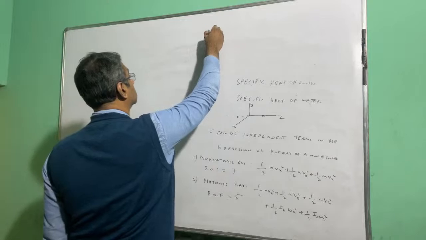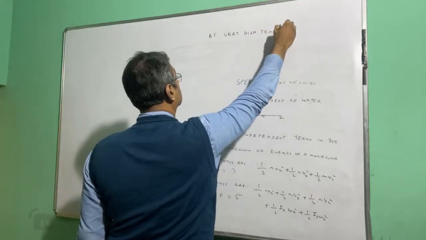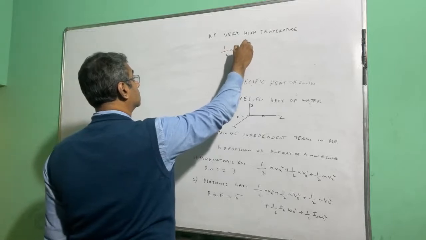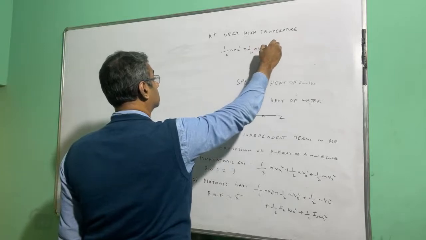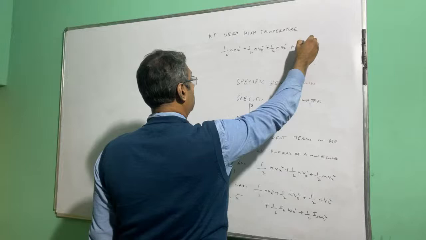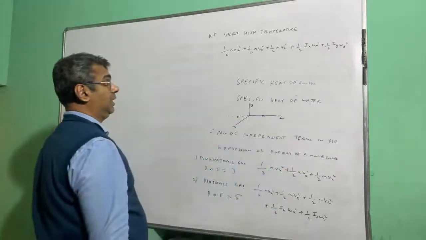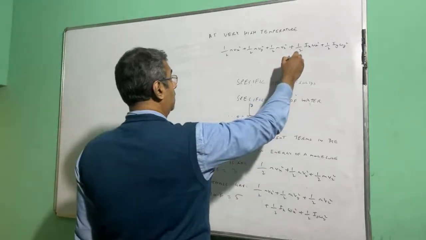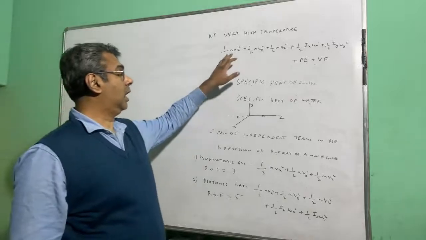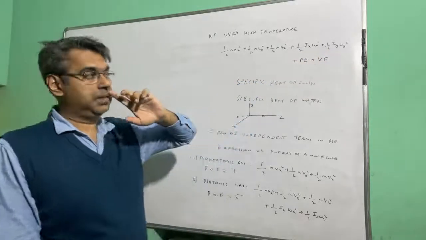So at very high temperature, half mvx square plus half mvy square plus half mvz square plus half Ix omega x square plus half Iy omega y square plus potential energy plus vibrational energy.